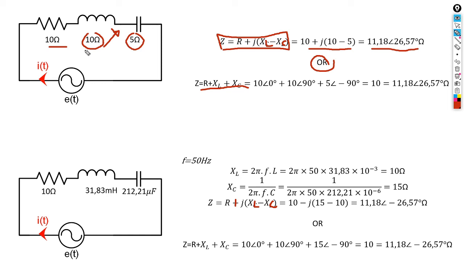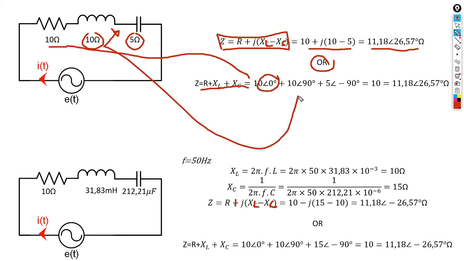But make sure you take the value of the resistance and give it a pure angle which is 0. The value of the inductance, you give it a pure angle which is 90. A pure capacitor, you give it an angle of minus 90. Therefore you're going to get the same answer as the one who did it in that form.